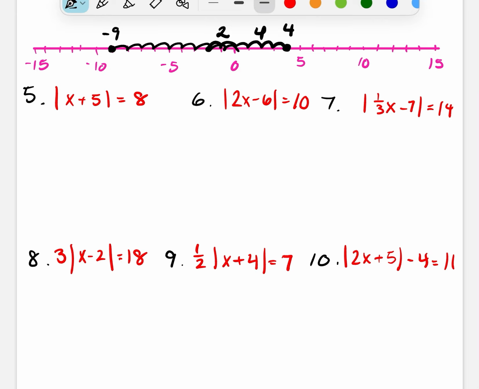Now, for equations, for number 5, we have the absolute value of x plus 5 is equal to 8. So what that means is whatever x plus 5 is, the answer is 8 away from 0. So that means that x plus 5 is equal to 8, or x plus 5 is equal to -8.